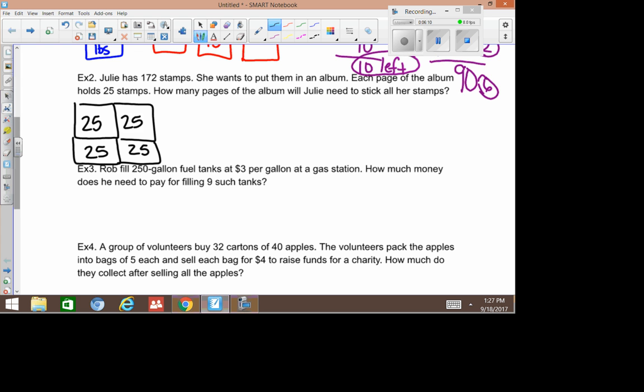Because remember, 150 gets me close to the 172. But I need the extra page, like Aiden said, because what do I do with the other ones? I can't just leave them out, can I? We have to put another page on there. So, we count to 175. And we counted 7 times, so 7 pages.